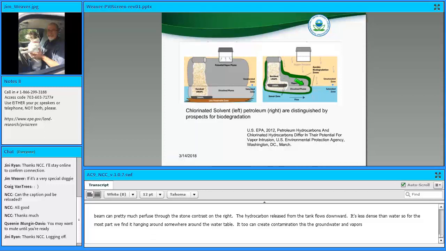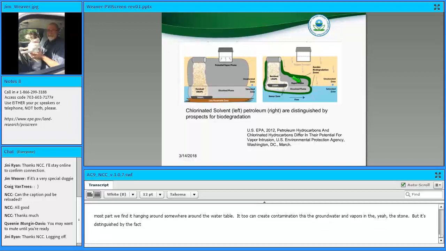But it's distinguished by the fact that, both in groundwater and in the soil gas, there's the potential for aerobic biodegradation. Okay, this is not the case with chlorinated solvents, where they pretty much do not degrade under aerobic conditions. You need strongly reducing conditions. But for petroleum hydrocarbons, there's a large capability to have biodegradation.